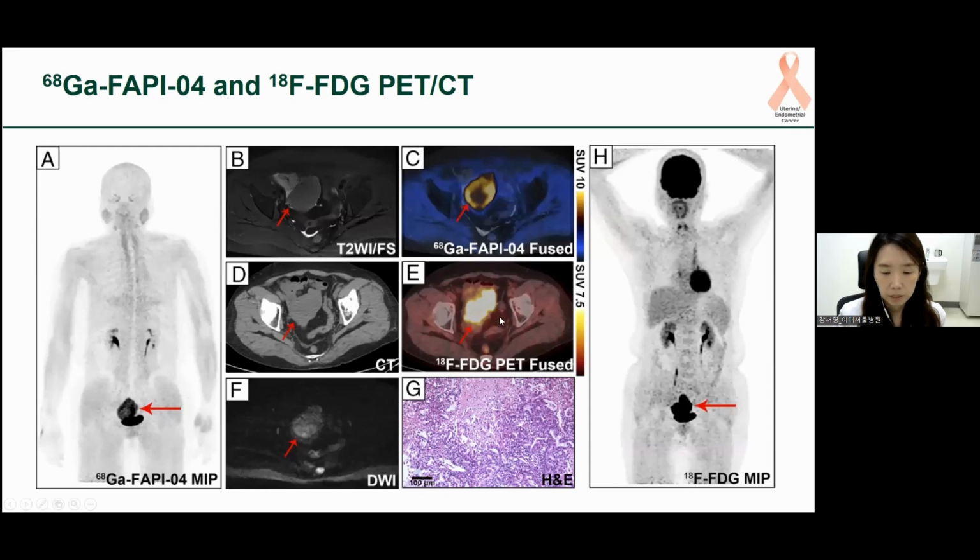And FDG PET/CT images also display the large uterus with increased uptake. Compared to the cervical cancer, in the uterine cancer the FDG uptake is higher than the FAPI uptake in the endometrial cancer here. The pathology finding was endometrial adenocarcinoma.